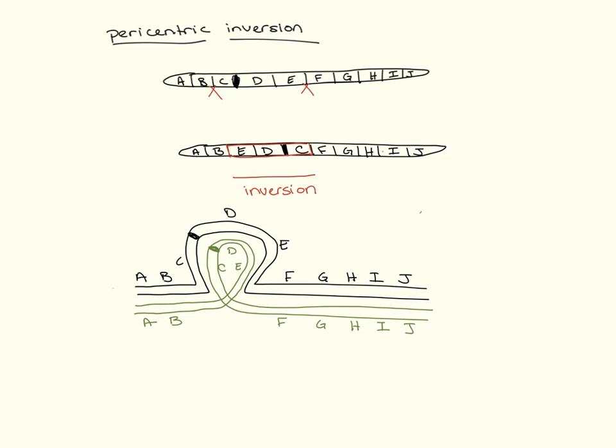So I've drawn out for you how these 2 chromosomes, again, we're talking about an individual who's heterozygous, because in a homozygous individual, meiosis can occur normally.